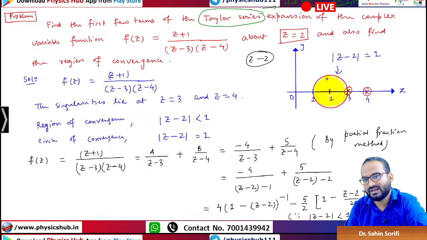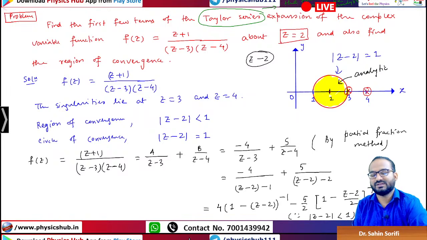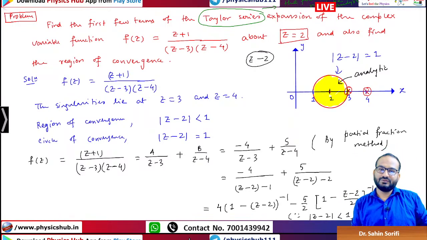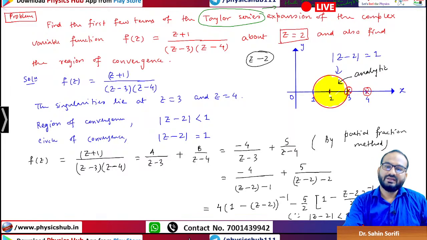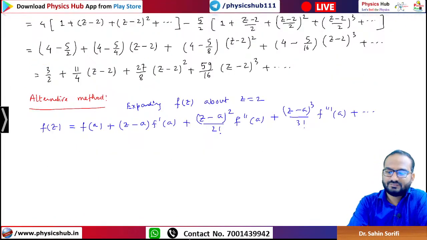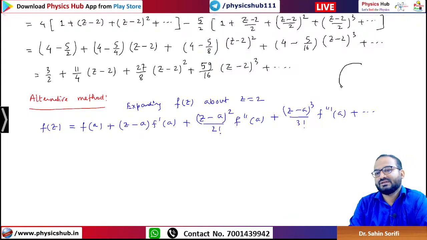So we have to take up such a region which is entirely analytic, where the function is purely analytic. But in case of Laurent series, we expand about some non-analytic point. Okay? So as you have seen in Laurent series, you also will revise today.